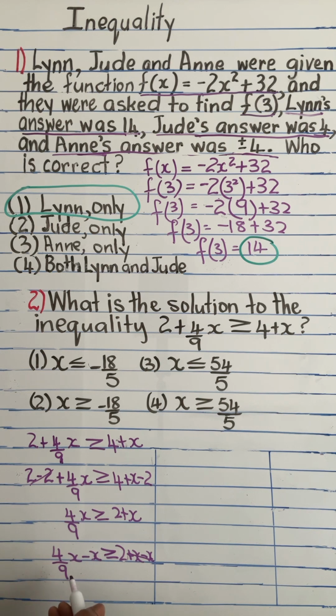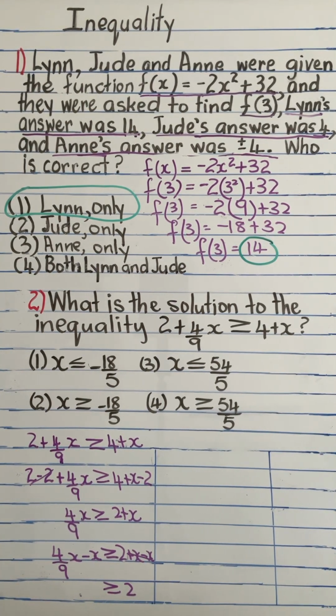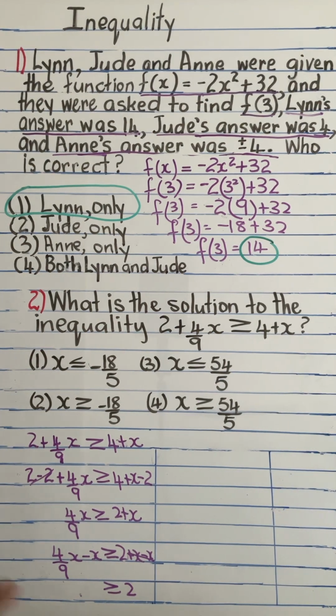Now we're left with 2 on that side. And on this side, 4/9 x minus x is equal to negative 5/9 x.